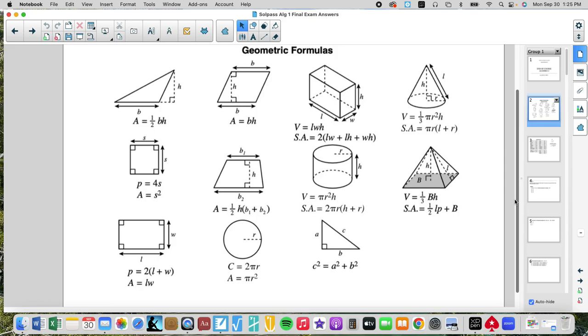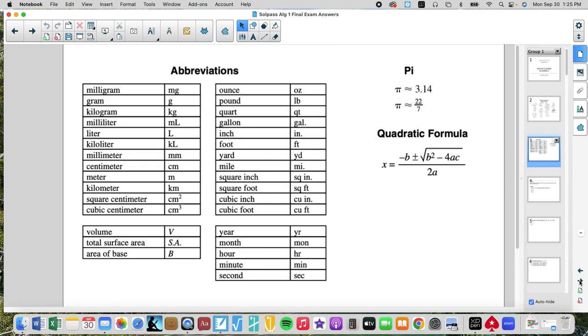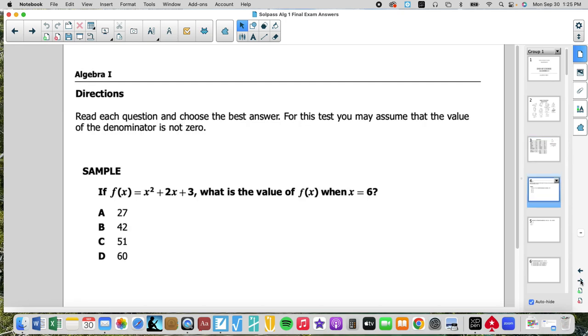We don't really focus on these at all in Algebra 1. So here, milligrams, grams, so unit abbreviations. The quadratic formula is something we definitely deal with in Algebra 1. And pi will be approximately 3.14 or 22/7. Those are both approximations for the values.